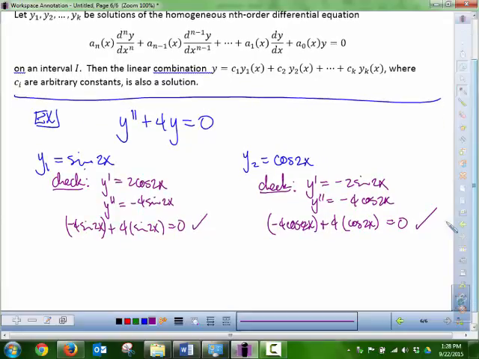So according to this superposition principle, if I have two solutions to my second order differential equation, then y1 times a constant plus y2 times another constant, which doesn't have to be the same, it could be a different constant, added up as two different terms, must also be a solution.